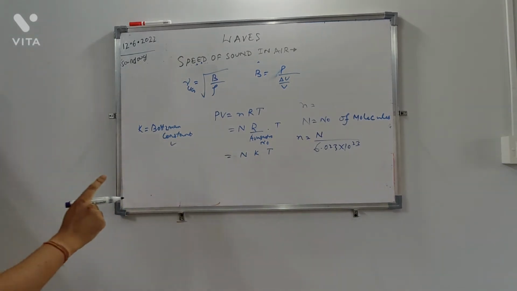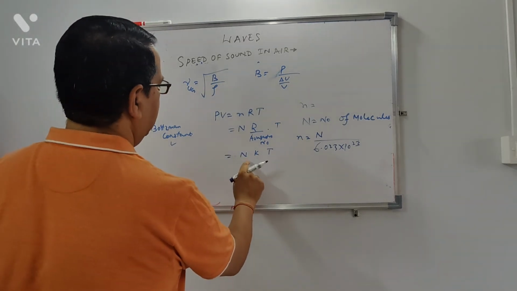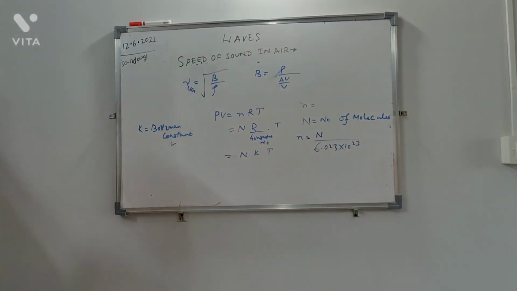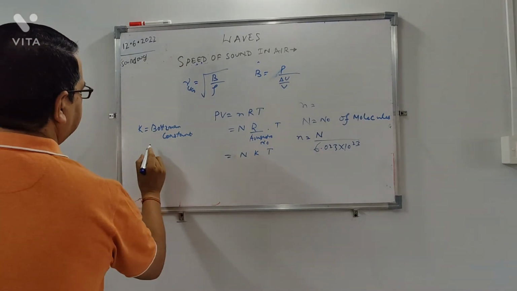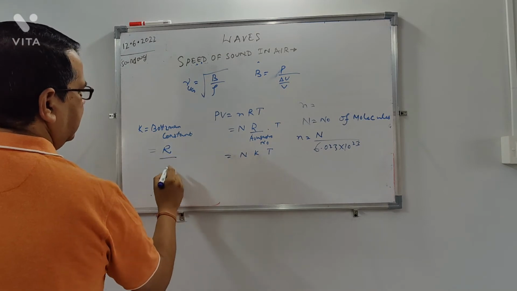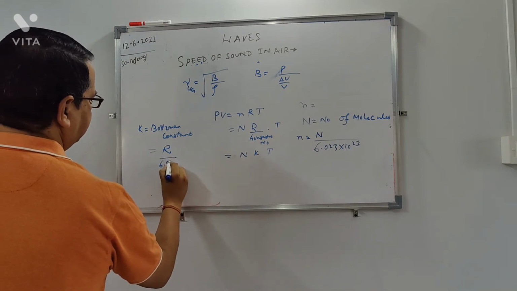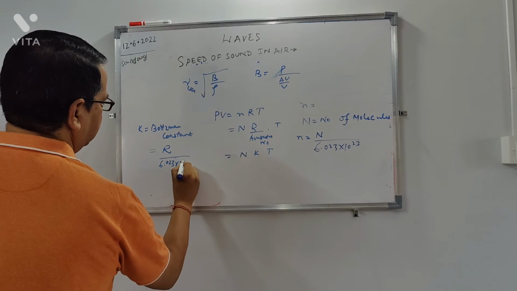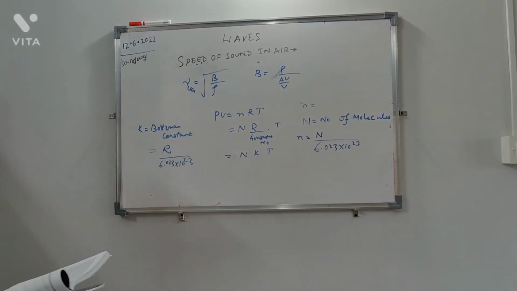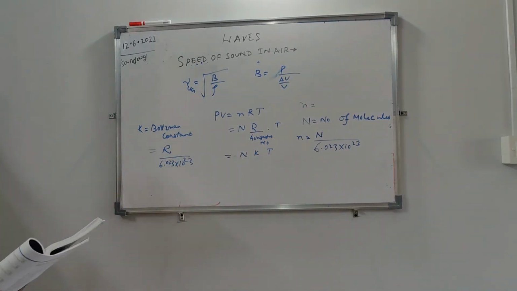So PV you can write as NKT, where your K is R divided by Avogadro number, 6.023 into 10 to the power 23. So this is NKT.